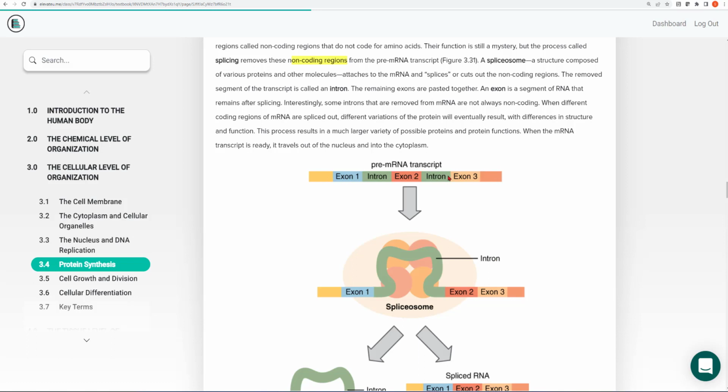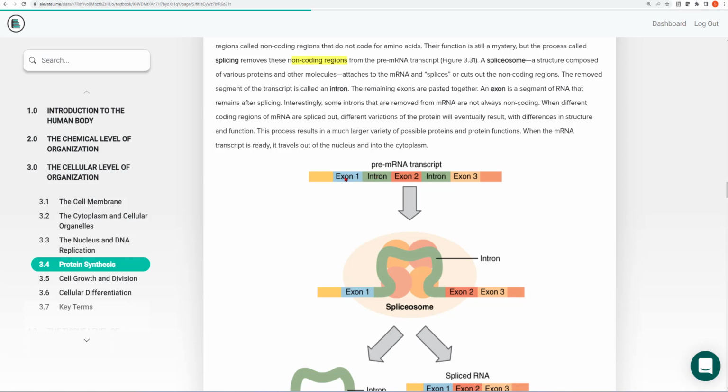And the RNA is broken up into segments called exons and introns. Exons and introns. If I were naming this, I would have chosen a different word. In the way that this works, the intron sections are the parts that are going to get spliced out. They are removed in this process.